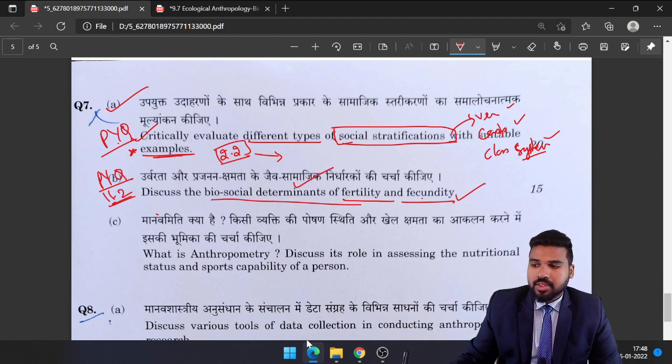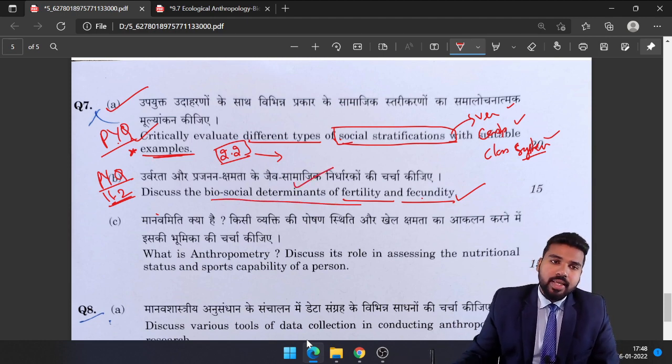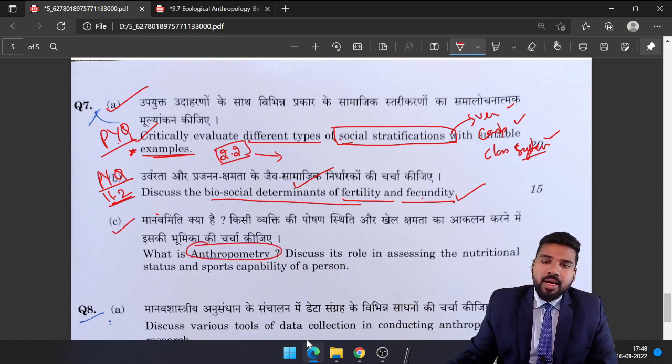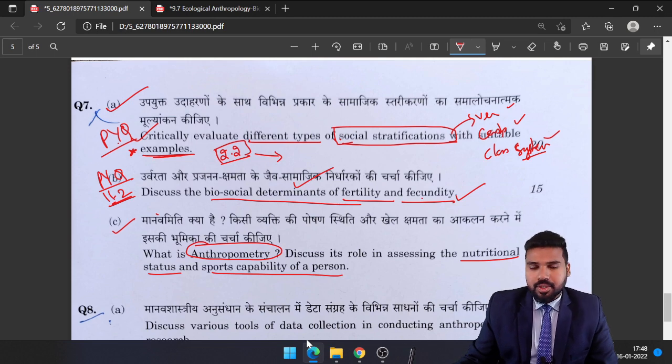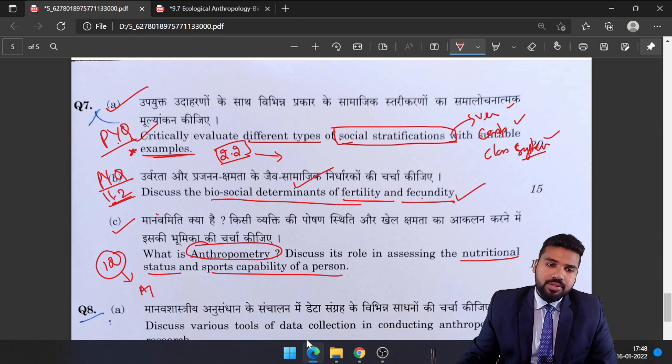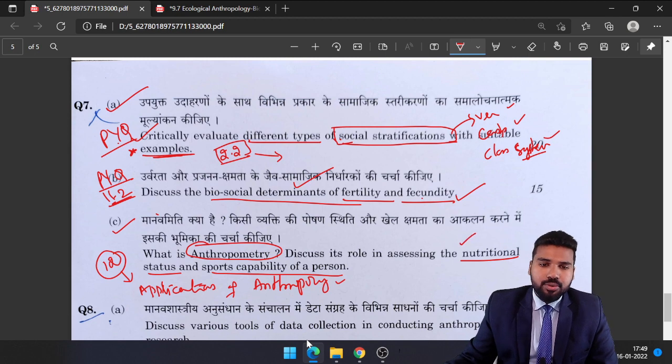Then part C, have a look: what is anthropometry, that is measurement, and discuss its role in assessing the nutritional status and sports capability of the person. So this is from your unit 2, that is the applications of anthropology, where we use different anthropometric methods in order to assess the nutritional status.